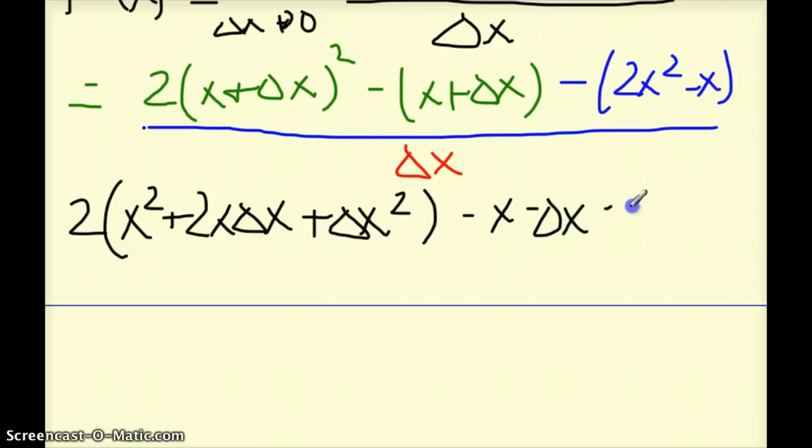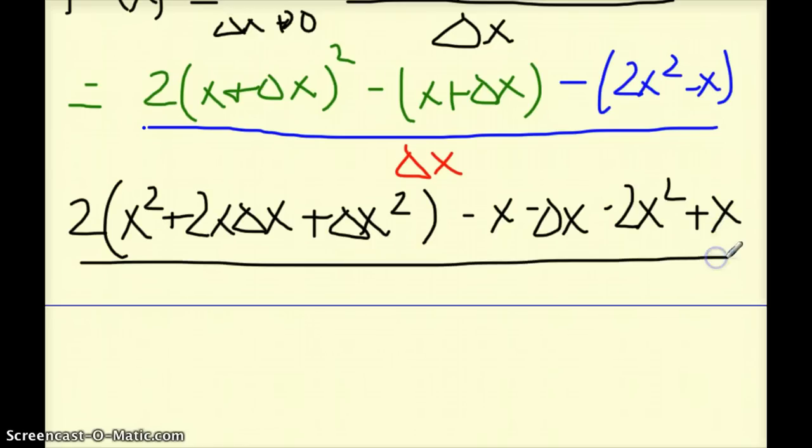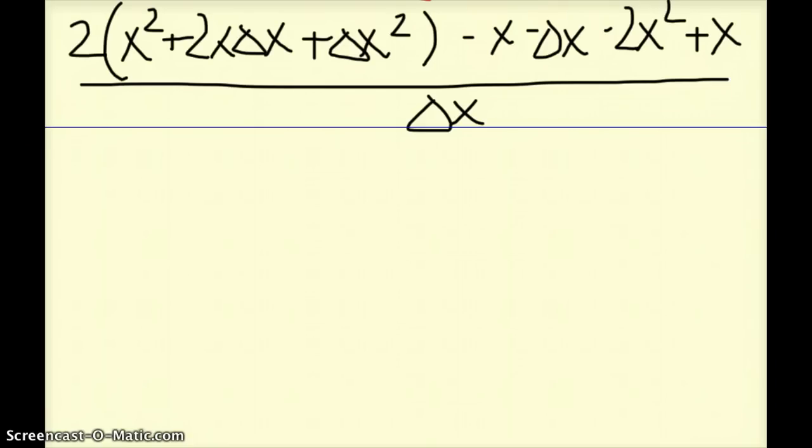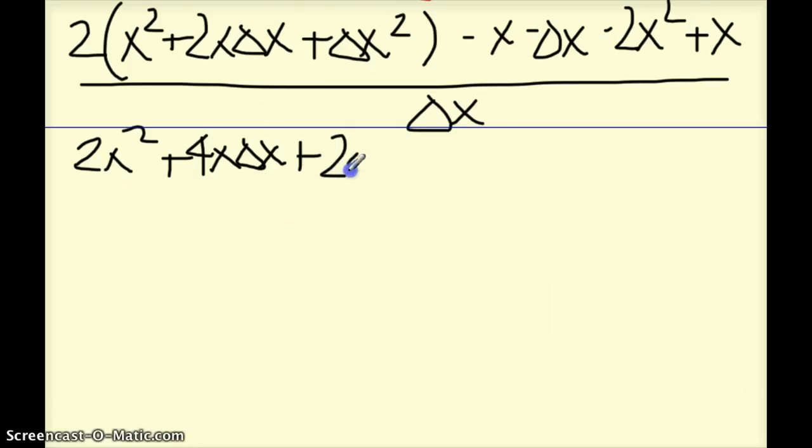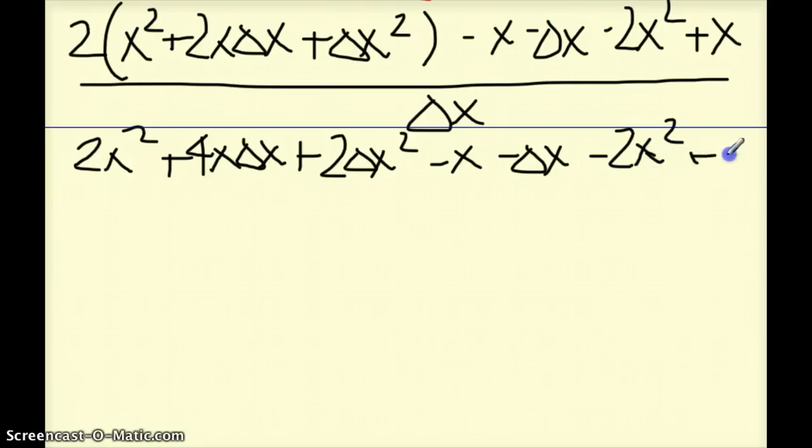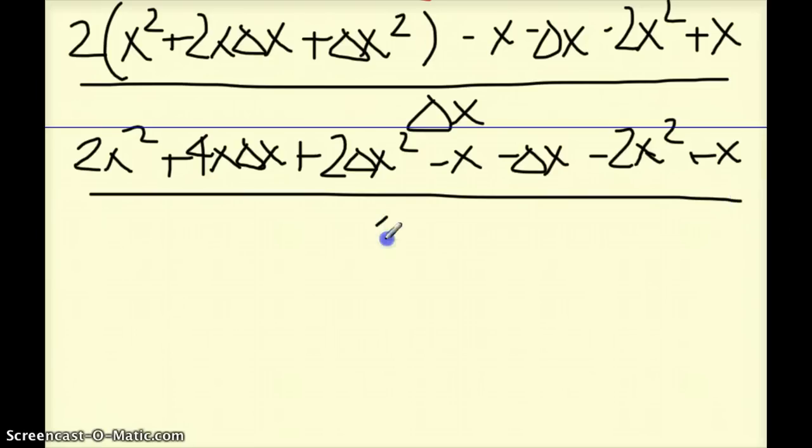And again, get rid of the parentheses, minus 2x squared plus x, right? This all over delta x. And once again, I still have a set of parentheses, so I'm going to distribute that, and I get 2x squared plus 4x delta x plus 2 delta x squared minus x minus delta x minus 2x squared plus x, all over delta x.